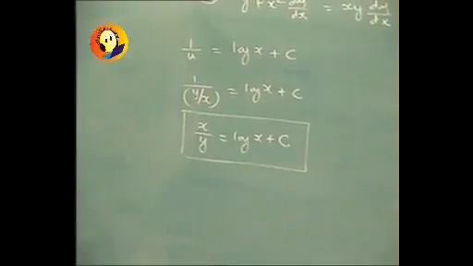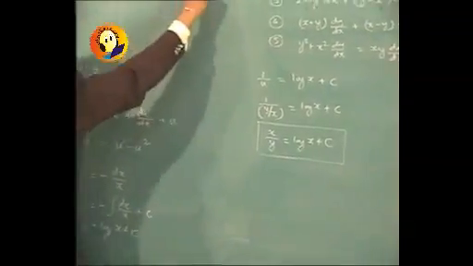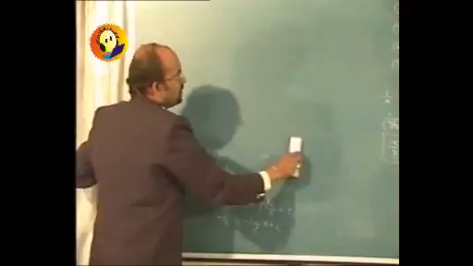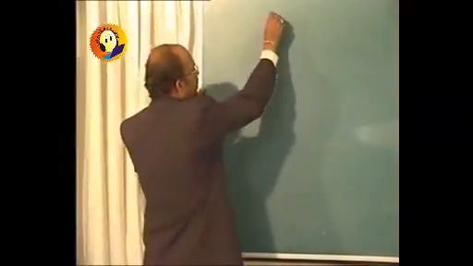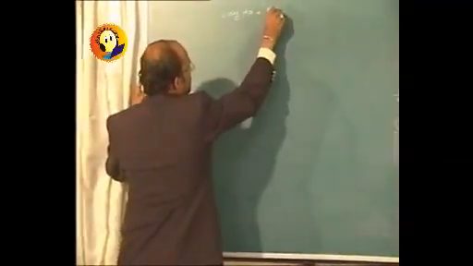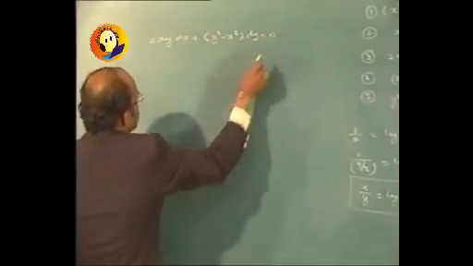Consider problem number 3, which says that 2xy dx plus y square minus x square dy equal to 0.